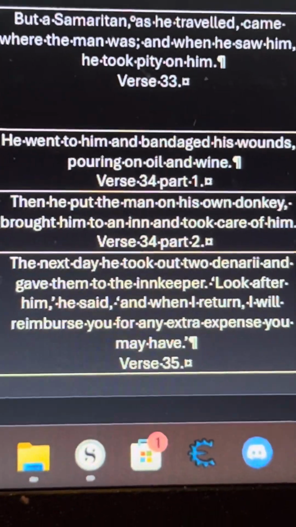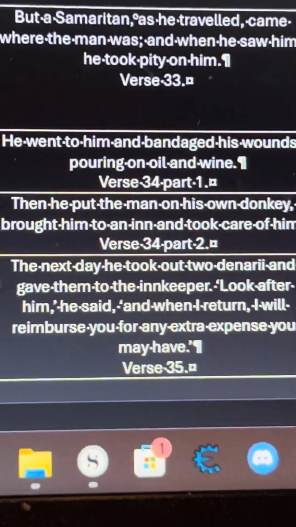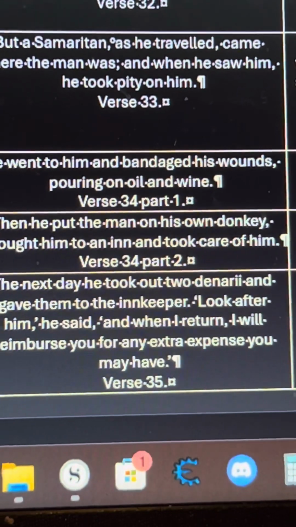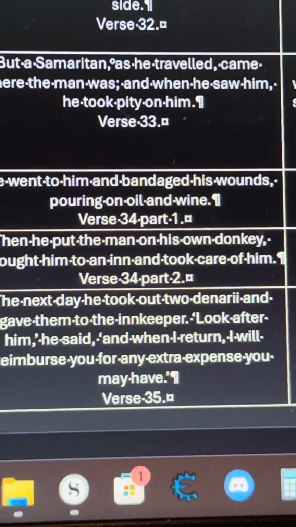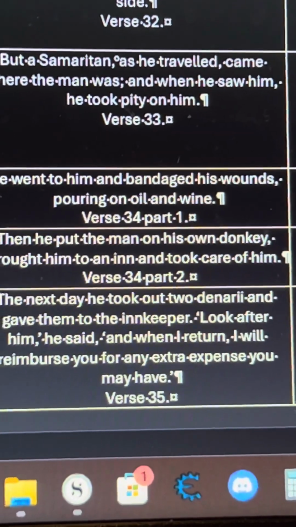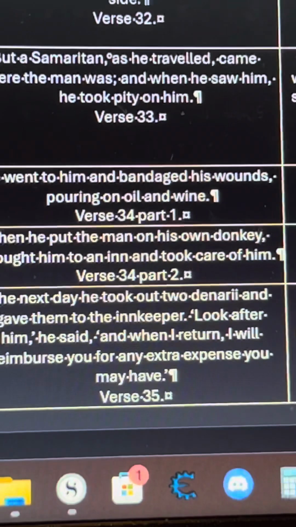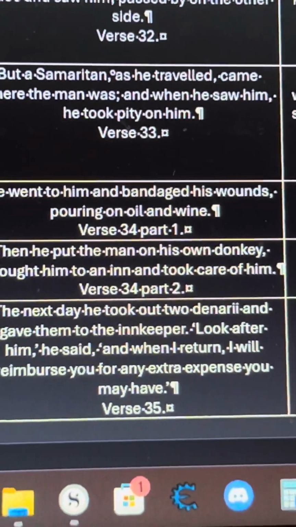Obviously, Jesus asked which of those was the man's neighbour, but that's the end of the story, because he looked after him and made sure he was cared for.